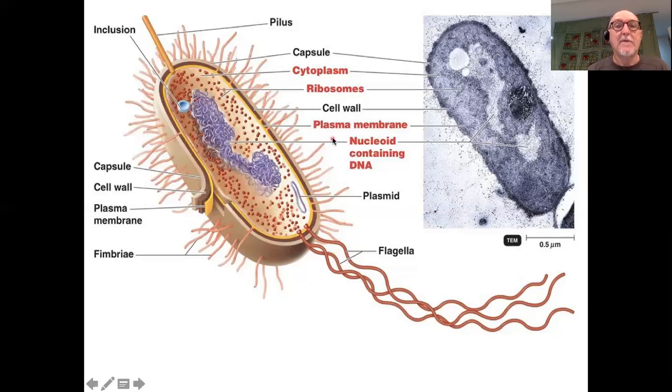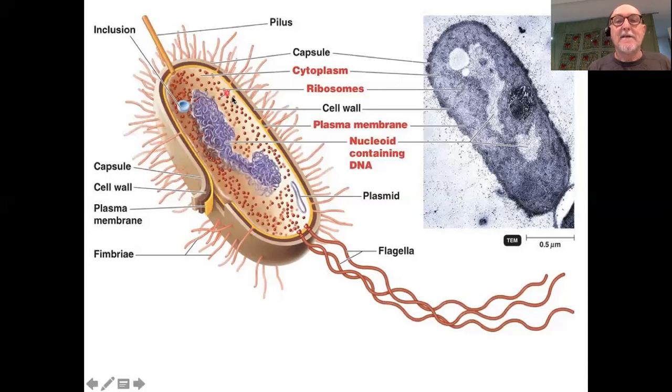The other thing to note about the bacterial cell is there may be extensions from the actual cell itself, from the cell membrane, out into the environment, which extend through the cell wall and through the capsule even and out.